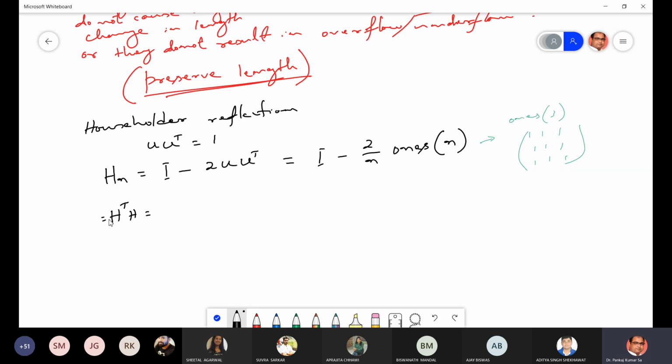That is actually equal to H square, right? So how do I write this? I minus 2 U U transpose whole square.